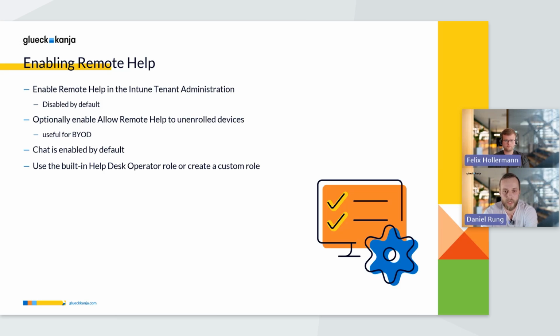One is to enable tenant-wide the unenrolled devices, so if you want or not, you can disable and enable it there. And you can also enable the tenant-wide chat feature, so if the chat feature in remote help should be enabled or disabled.